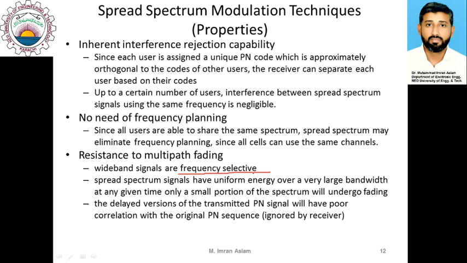So whenever the correlation is calculated with the delayed version or the multipath component of the signal, it will result in a small amount of correlation. Eventually that will be ignored by the receiver. The receiver will take only those components which have a relatively high correlation.